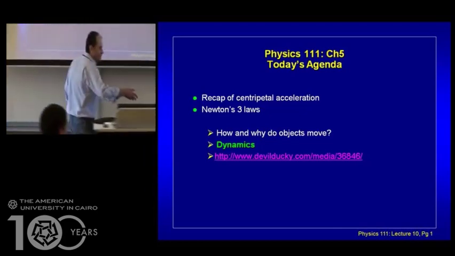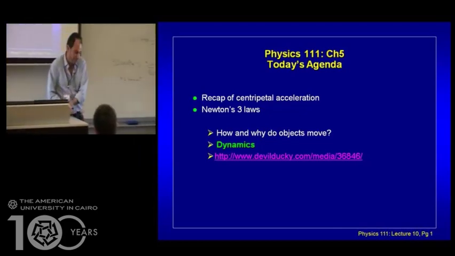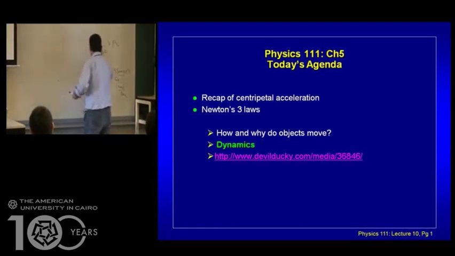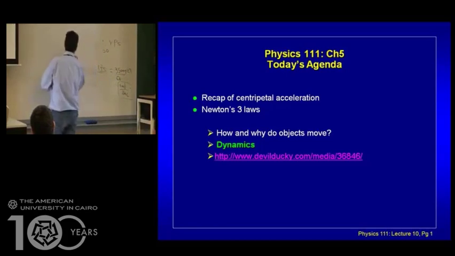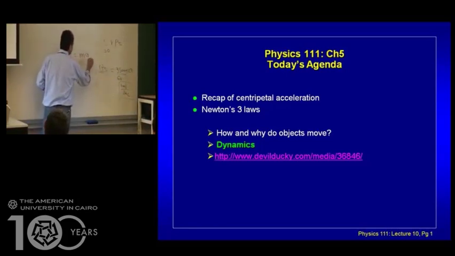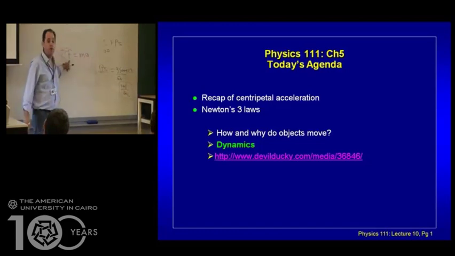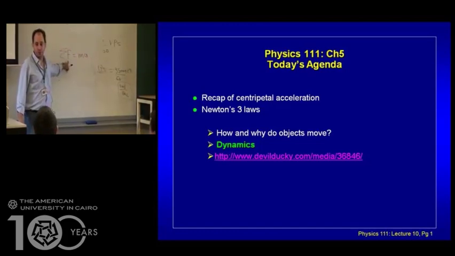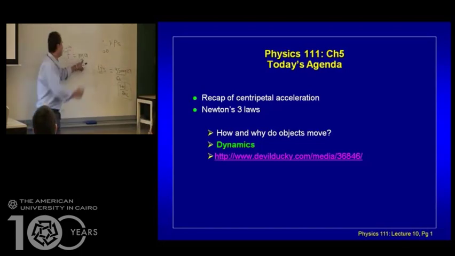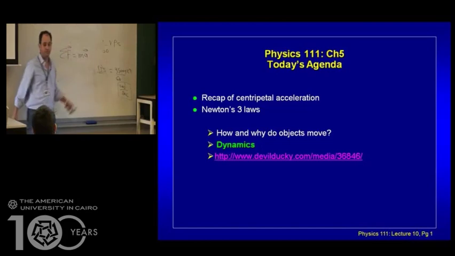So Newton's second law, which is very important, stated that the sum of the forces equals mass times acceleration. If you have more than one force acting on an object, all those forces, if you add them together as vectors, because force is a vector, will equal the mass times its acceleration.